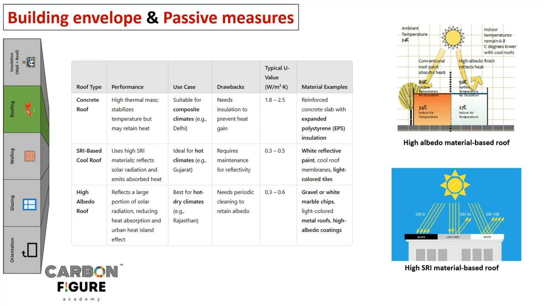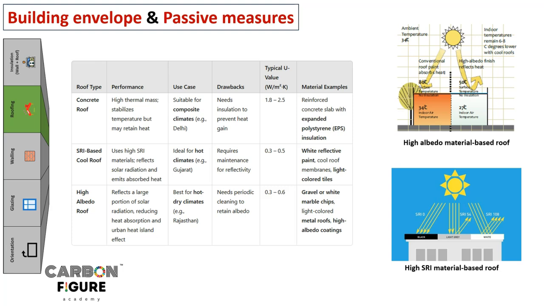That's right. So concrete roof is a high thermal mass material, which stabilizes temperature but may retain heat. Here I would like to clarify what is meant by high thermal mass. During the daytime, when the sun falls on the roof, the concrete will keep receiving that heat energy and store it.